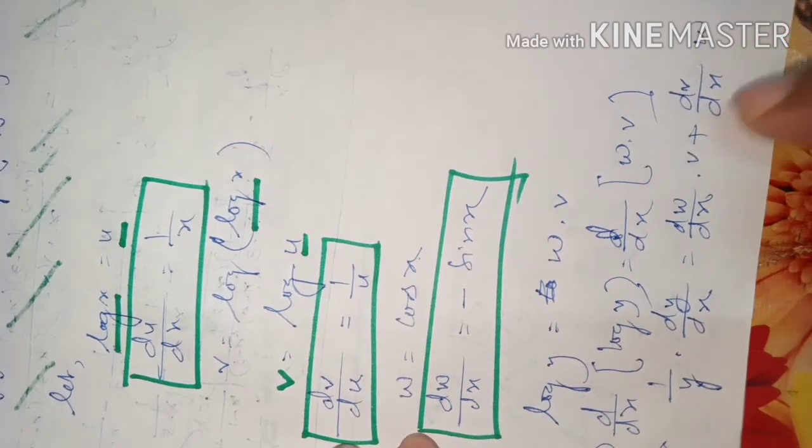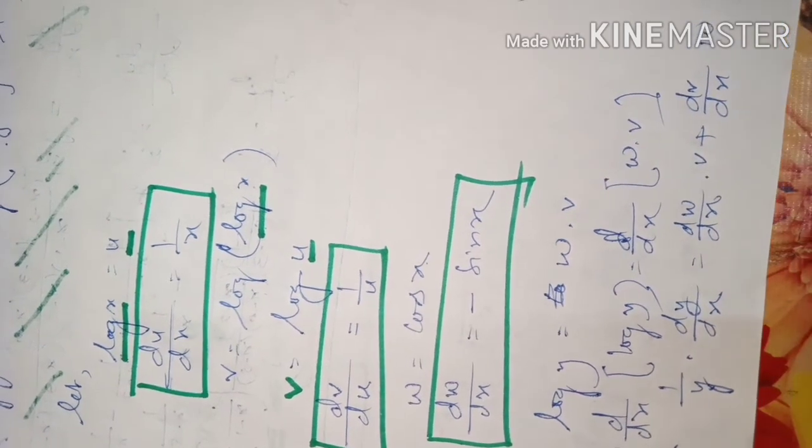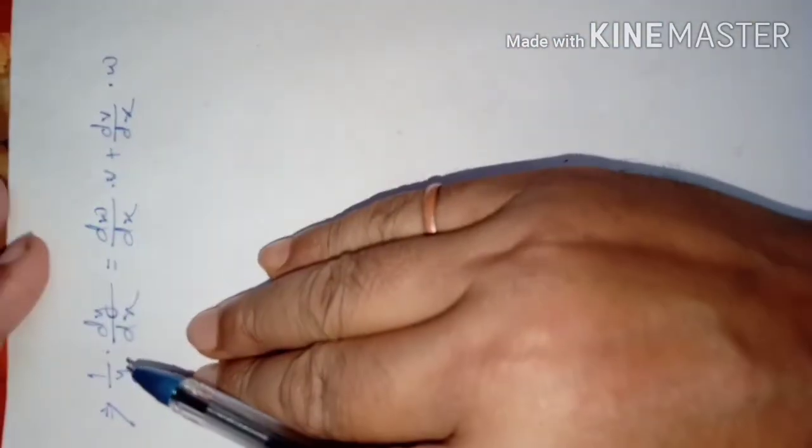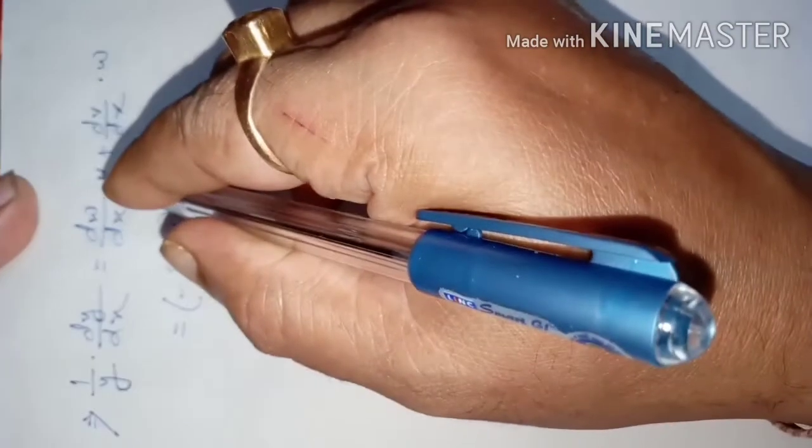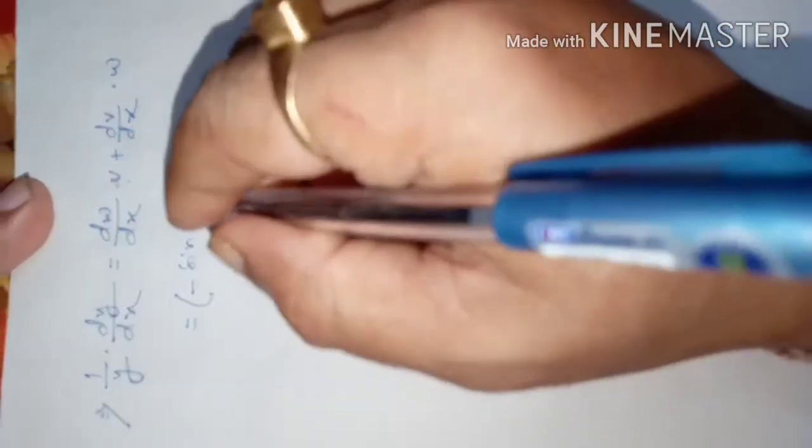I am showing you here how to express this. I have repeated that line on this page also. So dw by dx is minus sin x, you can substitute it here. v you know is log u.